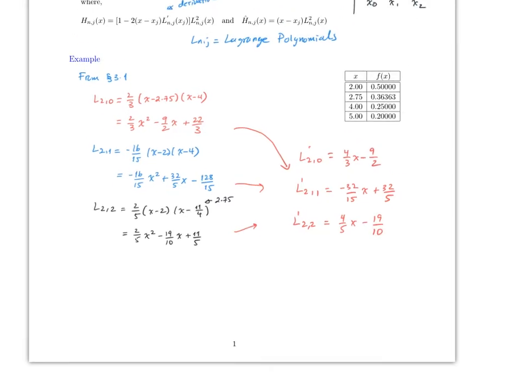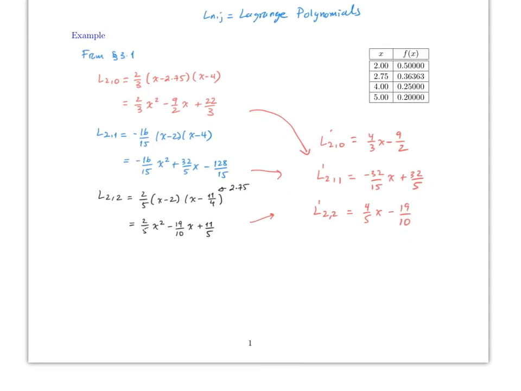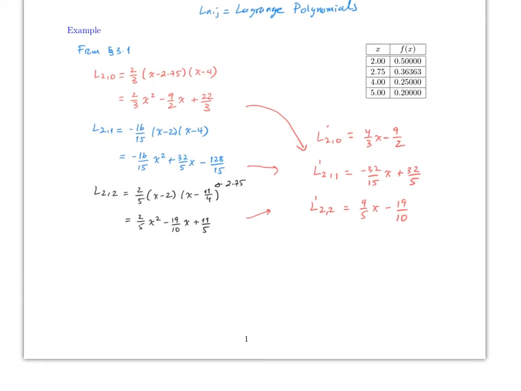All right, so next we need to find h and h hat. So let's start with the first one. Here the value of n is equal to 2. So let's start with H20.